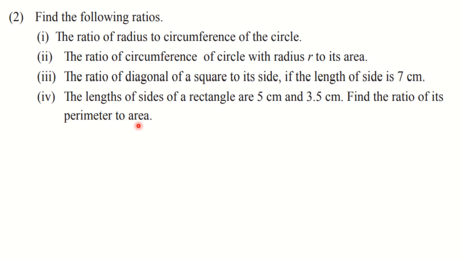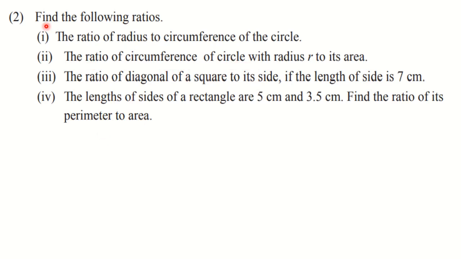We are not going to think about the unit, because as we have said, the unit must be the same, but here the unit is different. So we are going to consider only the numbers associated with perimeter and area. Okay. So here you should write: find the ratio of the numbers associated with perimeter and area. Similarly here, the ratio of the numbers associated with circumference and area.